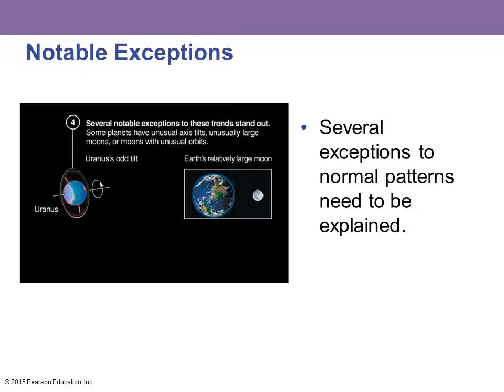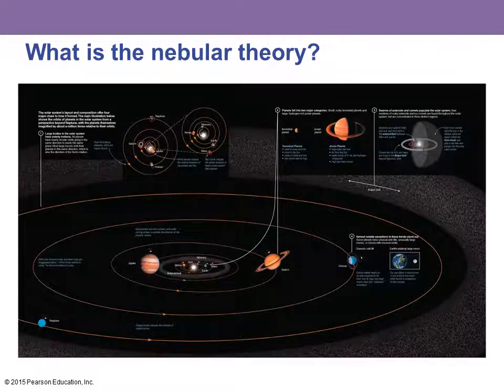But we know there are exceptions to these general rules. Uranus has the extreme tilt to its rotation, and as we've talked about before, the Earth-Moon system in proportion is much, much larger than any other planet-moon system. So what is the nebular theory?